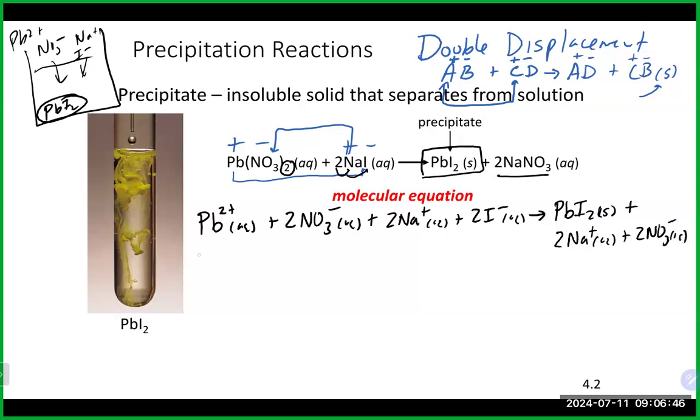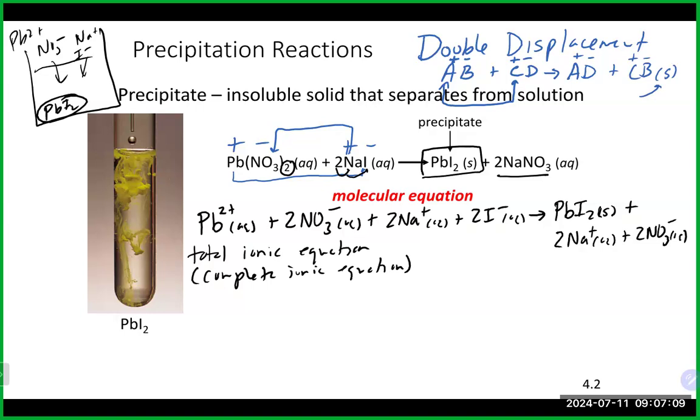This is what is known as the total ionic equation, or some people call it the complete ionic equation. When you write a total ionic equation and you write formulas for ions, because they are ions, they need charges, yes?